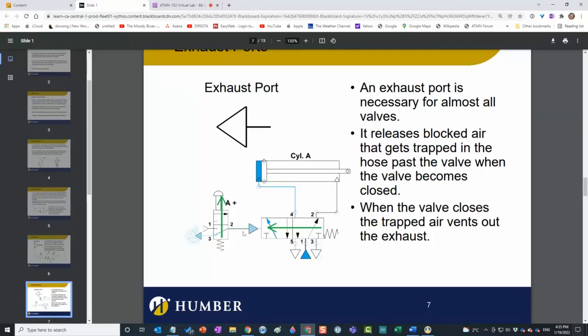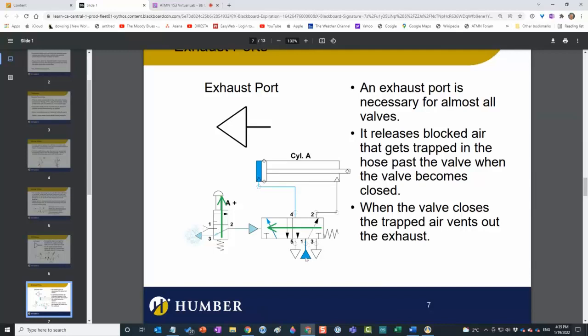If there is pressurized air in this pilot, it can vent. Now, there's no more pressurized air in this pilot. It's going to allow this spring to push this configuration back this way, and now this configuration will be active.